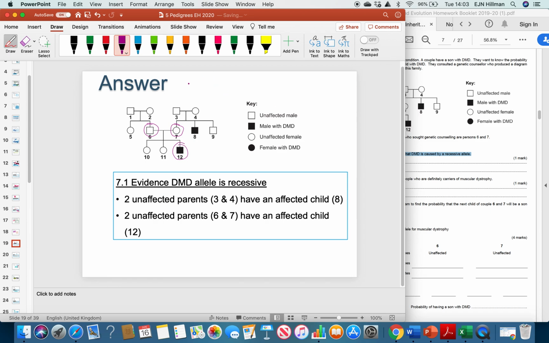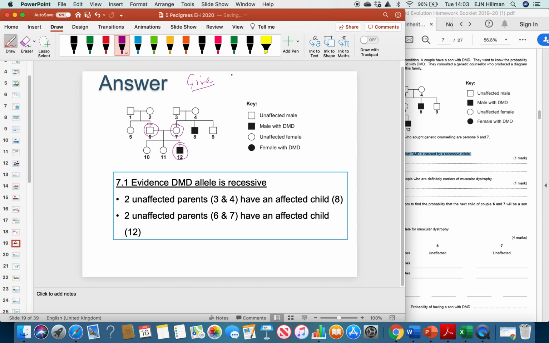Now remember, in the question, it asks us to give. So the command verb is to give. So 2 unaffected parents have an affected child, 8.